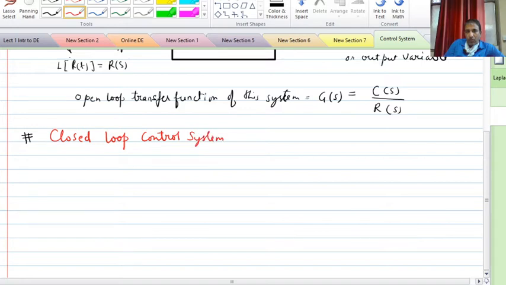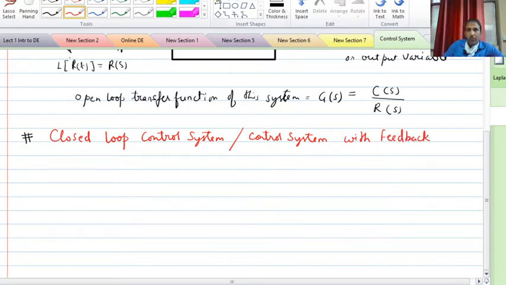These are also known as control systems with feedback, or systems with feedback.